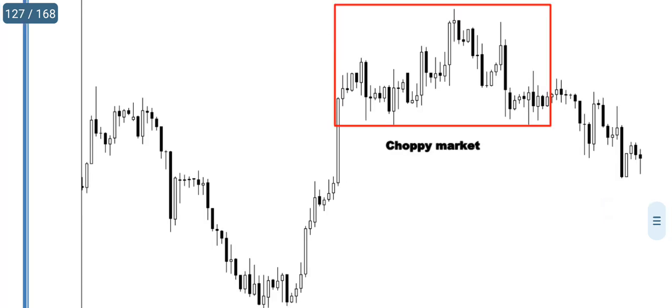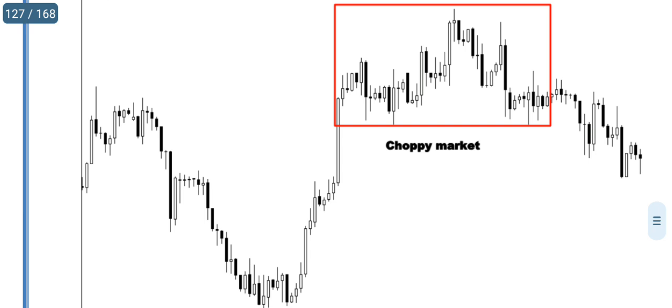Yes, the area that you are seeing highlighted is what we call a choppy market. With a choppy market, there is indecision between the buyers and the sellers, and here we cannot enter the market either by buying or selling because the market is very choppy.